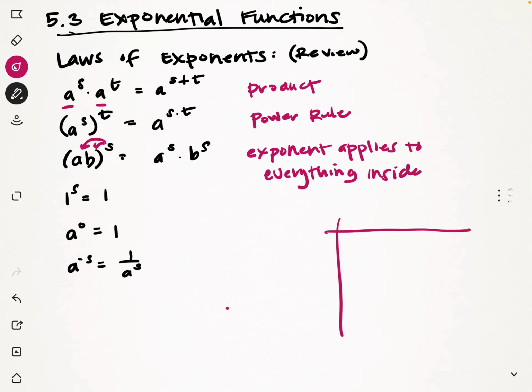So I'm going to make a table here. And this kind of gets into the next one too. So let's say we start with 8. So 8 is 2 to the third, which is 2 times 2 times 2, and that's going to be 8.